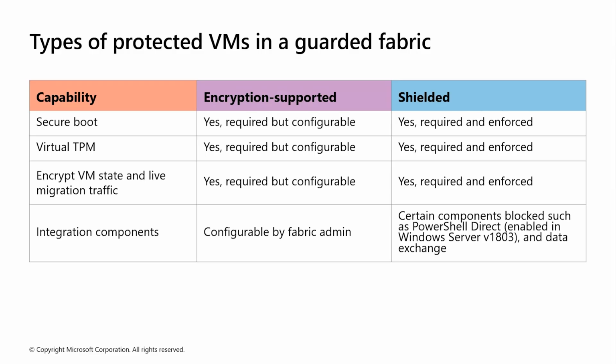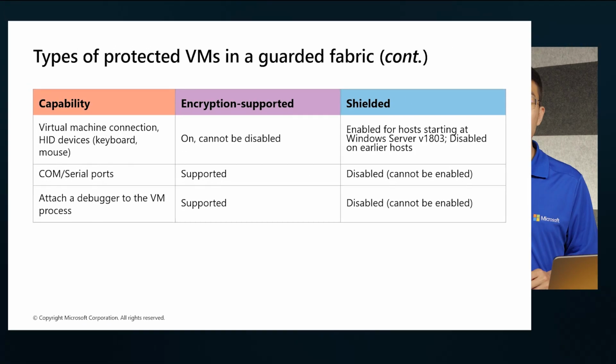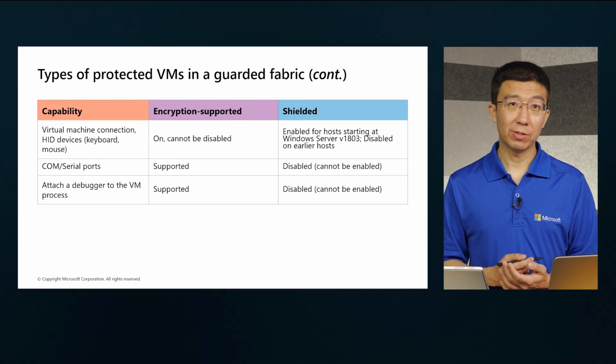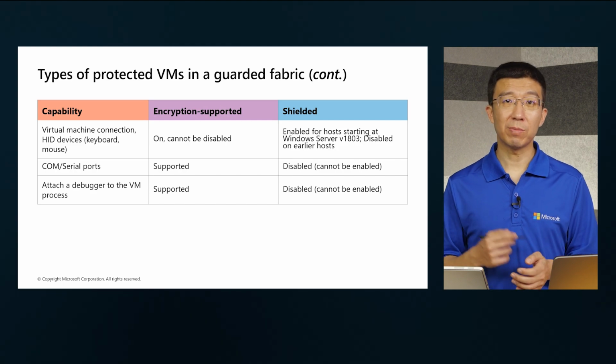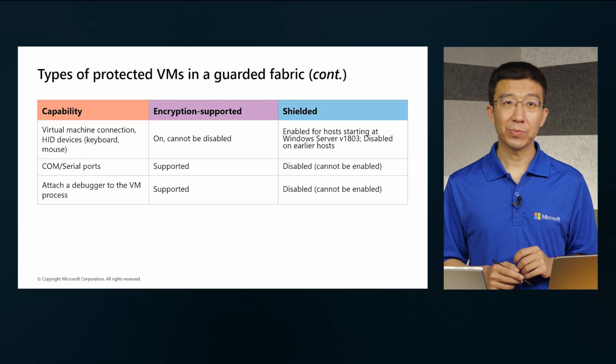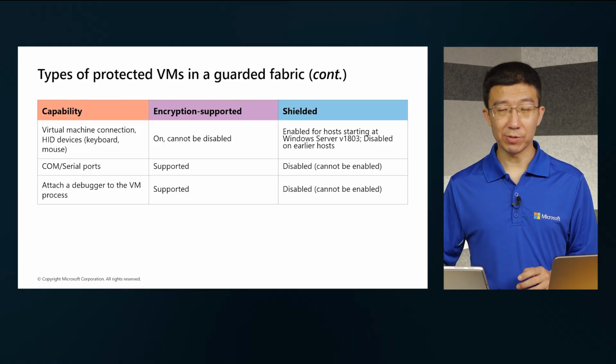Use shielded VMs for highly sensitive workloads. If you need to debug or use serial ports, choose encryption-supported VMs. For maximum isolation, use shielded VMs.